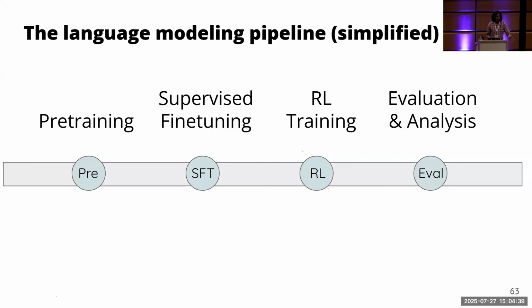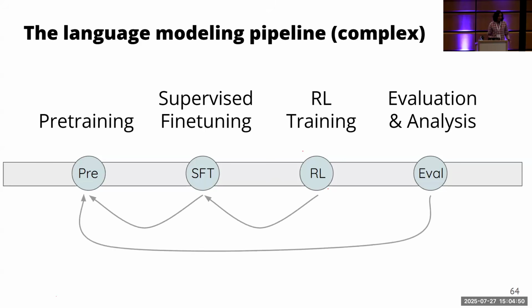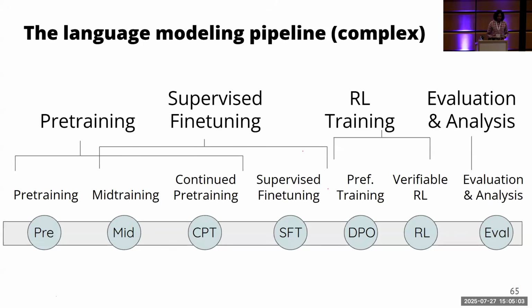And while I've put it here at the end, evaluation really happens at every step or even inside every step. And so this is a very simplified pipeline. In modern NLP, these steps are actually interleaved and permuted in very custom ways. And like today, there are even new stages that combine these. For example, mid-training is SFT followed by more pre-training.